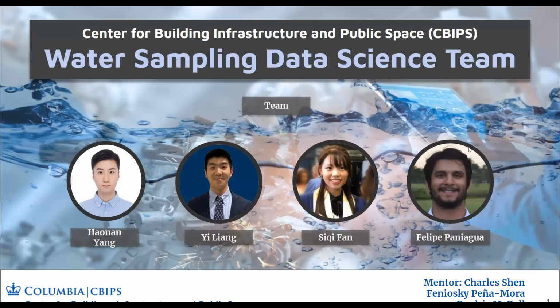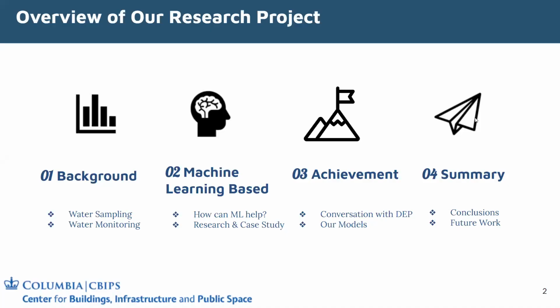Okay, so hello everyone. Hope you are doing well. So we are from the CBIPS group from Columbia University, and we are the water sampling data science team. My name is Yi. I'm Honan. I'm Siqi. And we are going to present the progress that we made throughout this semester. So here's an overview of our research project. First one is the background.